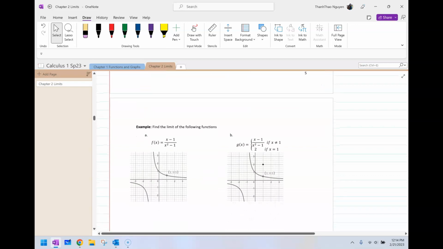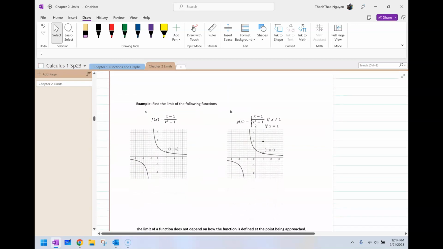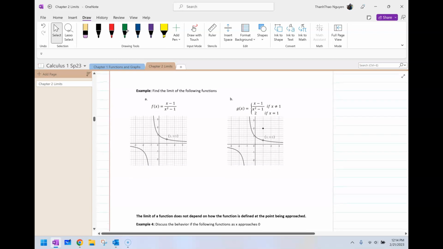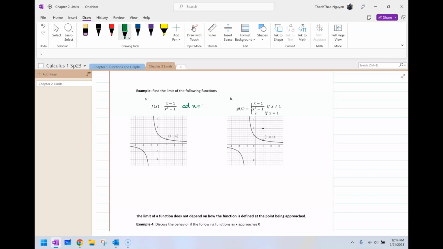Find the limit of the following functions at x equals 1. They are both at x equals 1.